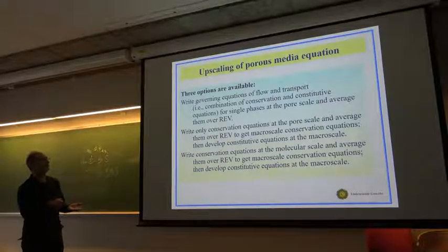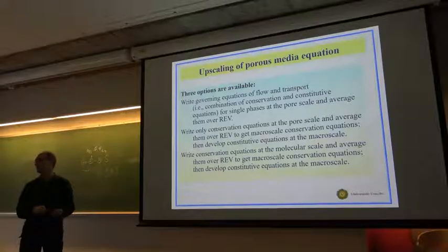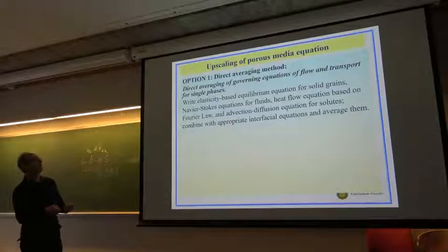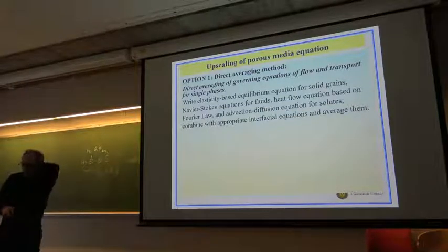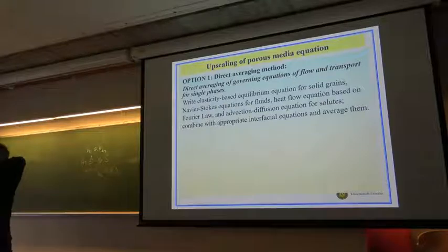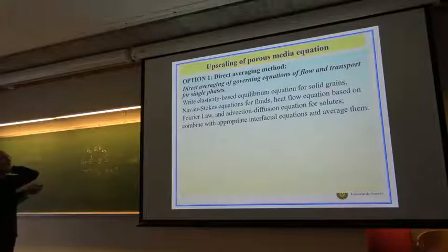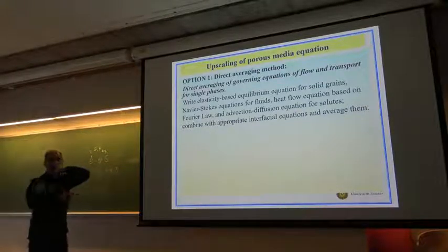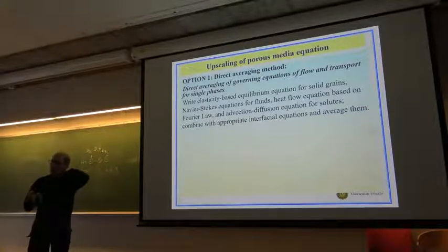This first one, I'm not a fan of it. The reason is, this is what originally, the first upscaling of equations of flow, was done this way. They took the Navier-Stokes equation and averaged it. The problem is, as you saw, there are already a lot of assumptions put into the Navier-Stokes equation to get it.